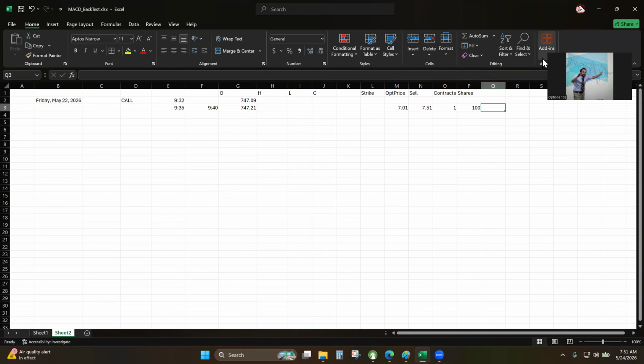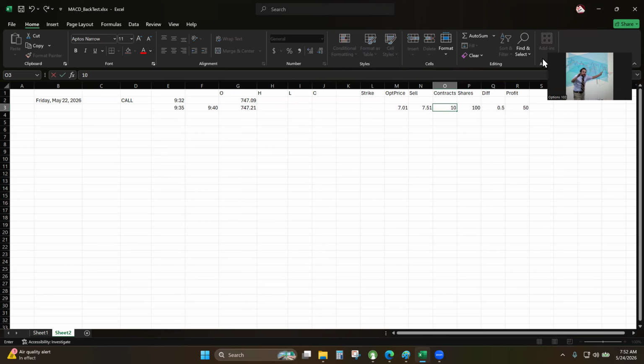So your profit will be equal to this minus this. That's 50 cents. So your profit is just the difference. And then profit equals the 50-cent difference times 100 shares times the number of contracts that you bought on that one trade, you make $50.